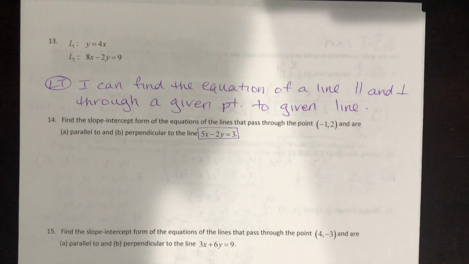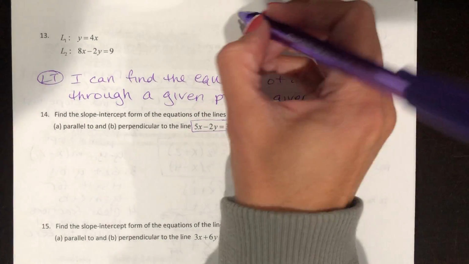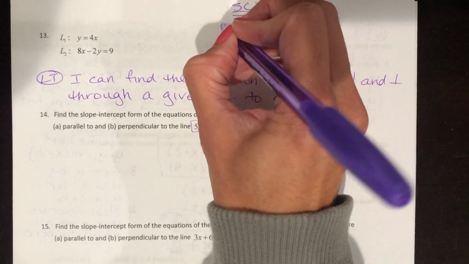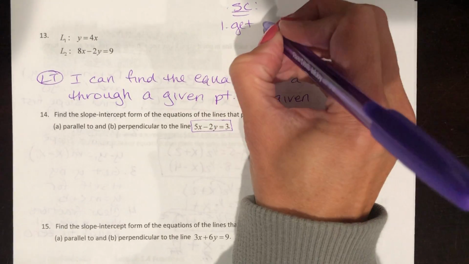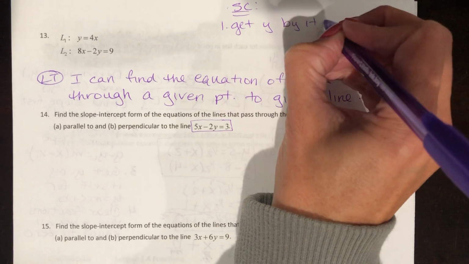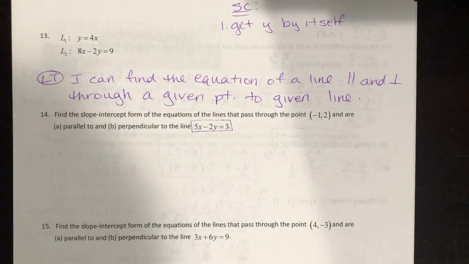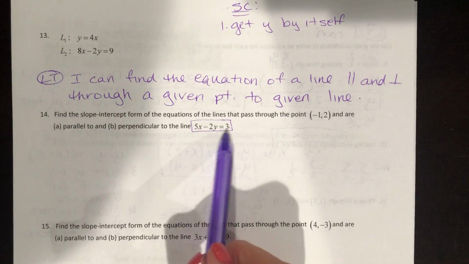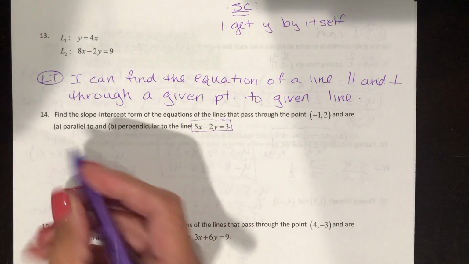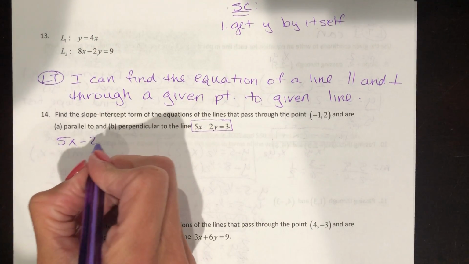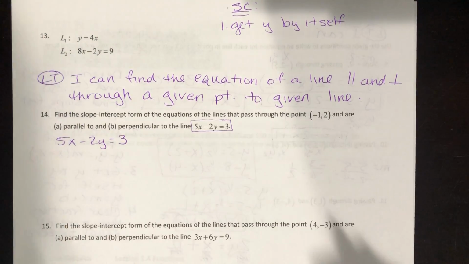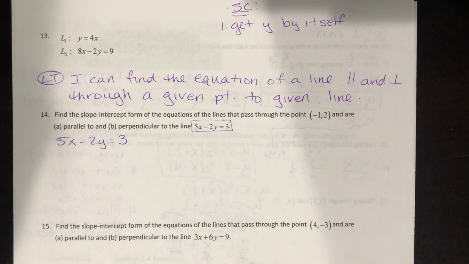I'm going to write my success criteria up here. Get y by itself, so it's in y equals mx plus b, and then we'll be able to see what the slope is. So here's my given line, and I need to figure out what the slope of this line is.